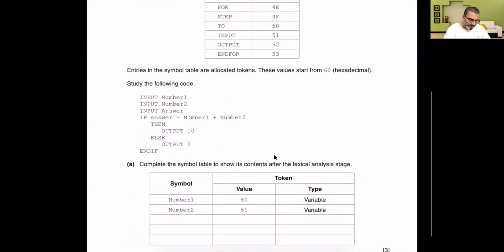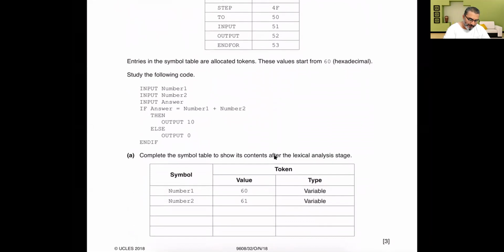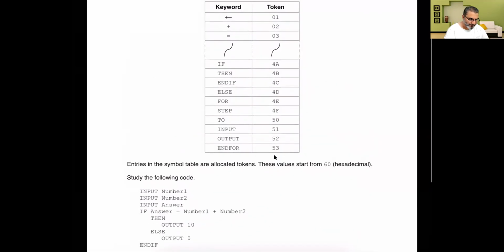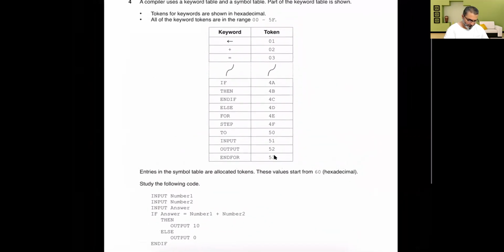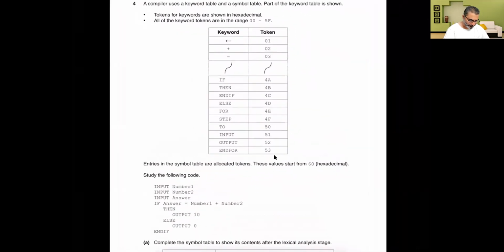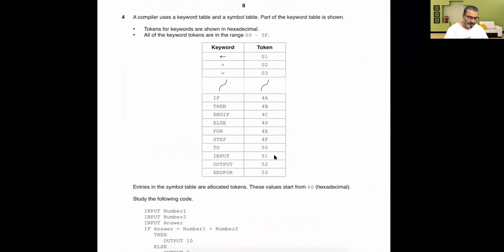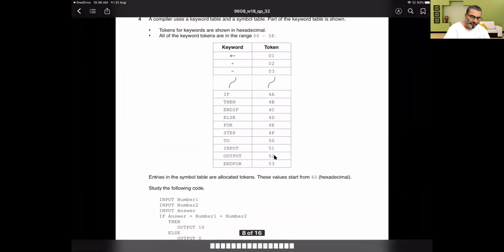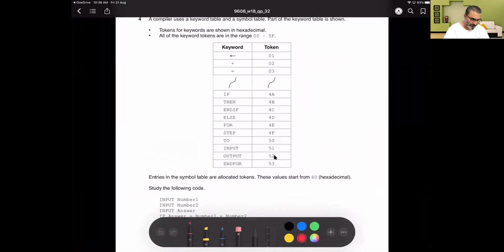Complete the symbol table to show its contents after the lexical analysis of the stage. So first leave this. Let's first pay attention to this. So let's say we want to generate tokens. We need to do tokenization. All right. So let's study this code.